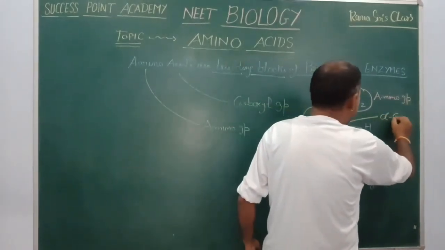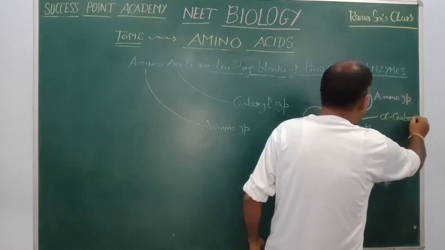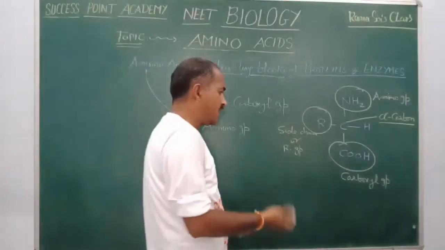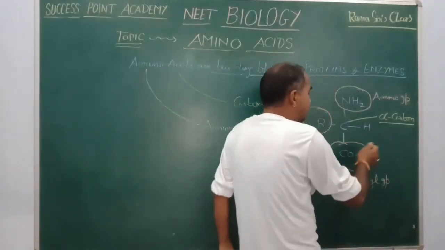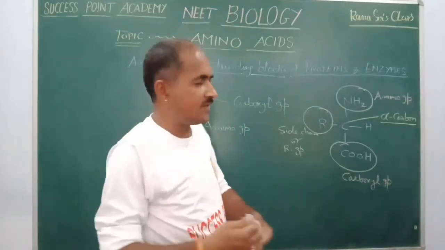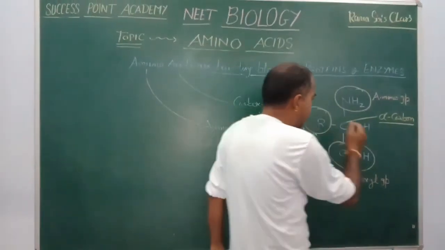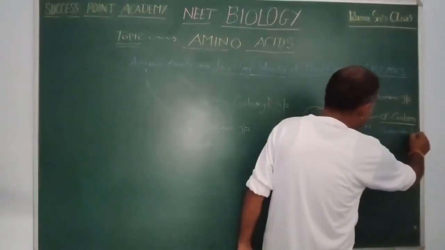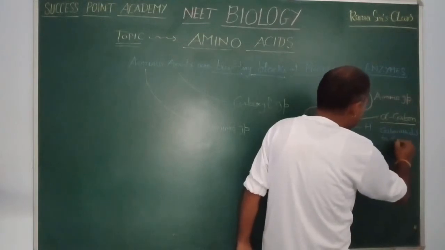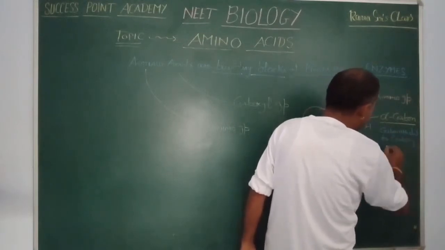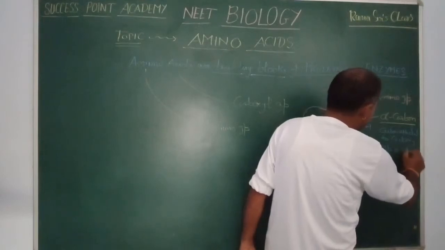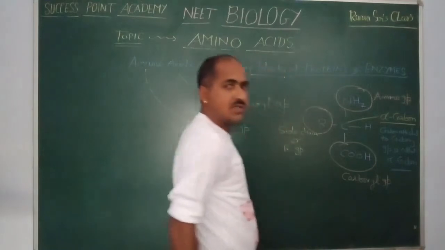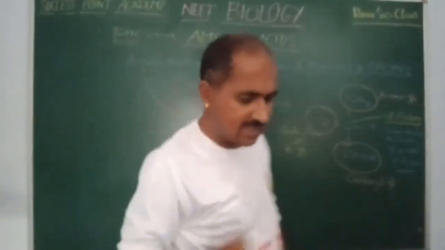This is the alpha carbon. Alpha carbon is which carbon? Everybody knows, in organic chemistry we have seen this: the carbon attached to the main functional group is the alpha carbon, and here the carbon attached to the carboxyl group is called the alpha carbon. Right, students? This is the alpha carbon.